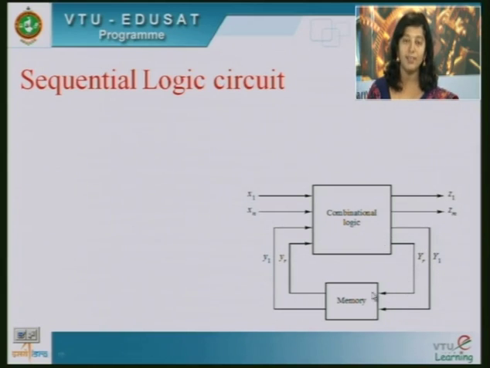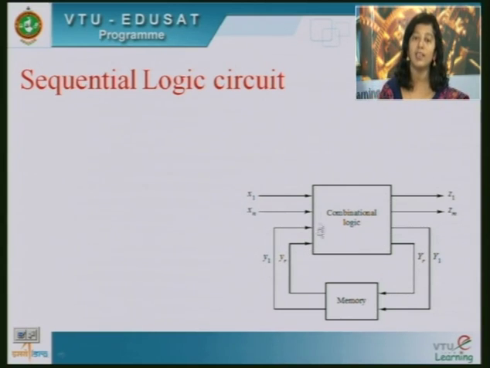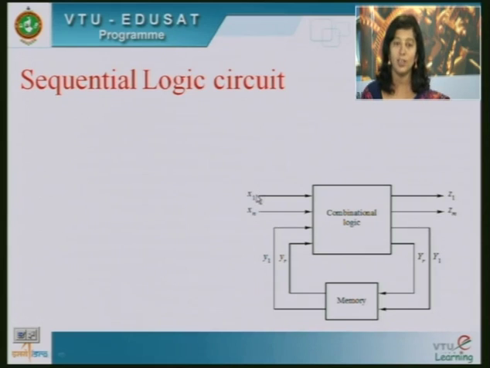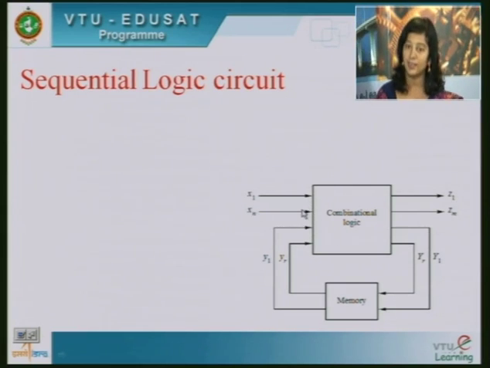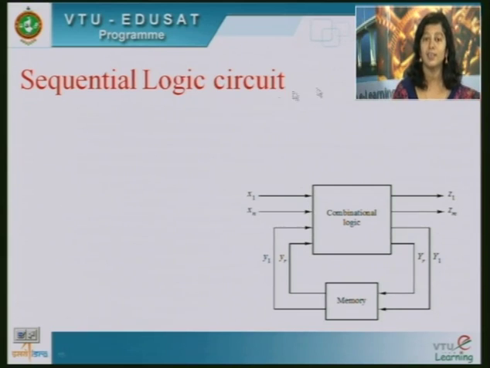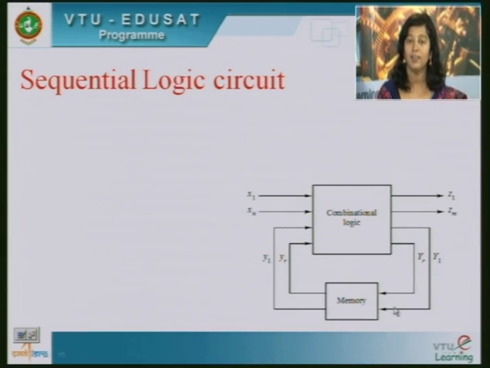This is taken and fed back to the input side, so that the logic depends on the present values of x1 to xn and the previous output values y1 to yr. So, it depends on the present as well as previous values. This is the way we can incorporate feedback.